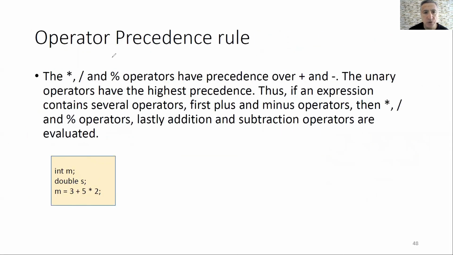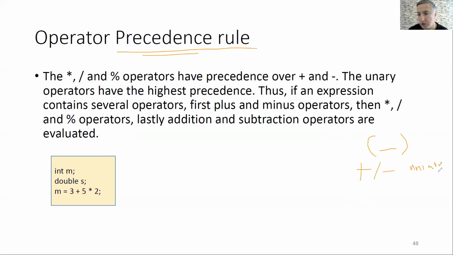The basic thing you might remember from the last lecture is the precedence rule. In mathematics and in C, it is almost the same. We have the parentheses. This is the higher precedence, so higher priority. You need to solve the expression inside the parentheses. Then we have the positive and negative unary operations.